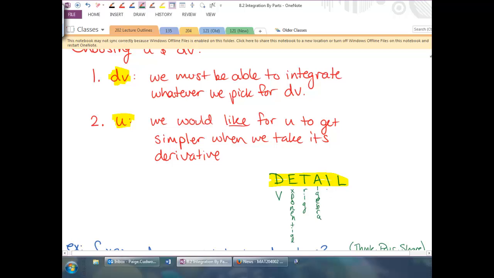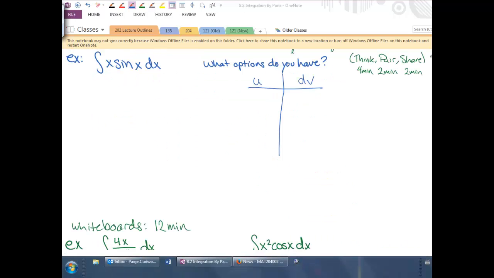I is inverse trig, and L is logs. We almost never want logs to be in the dv because we don't actually know how to integrate a log. Remember, we know the derivative of a log, but not the antiderivative of a log. So you can use this one. This is not what I use for integration by parts, but it's a handy little tool.